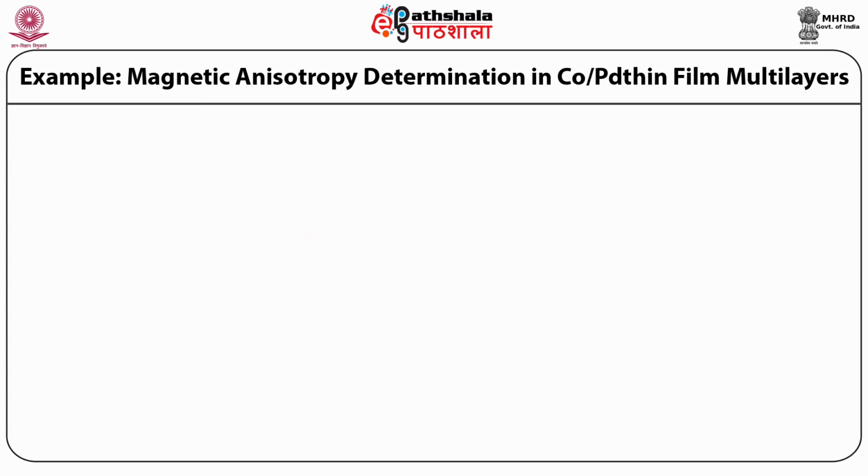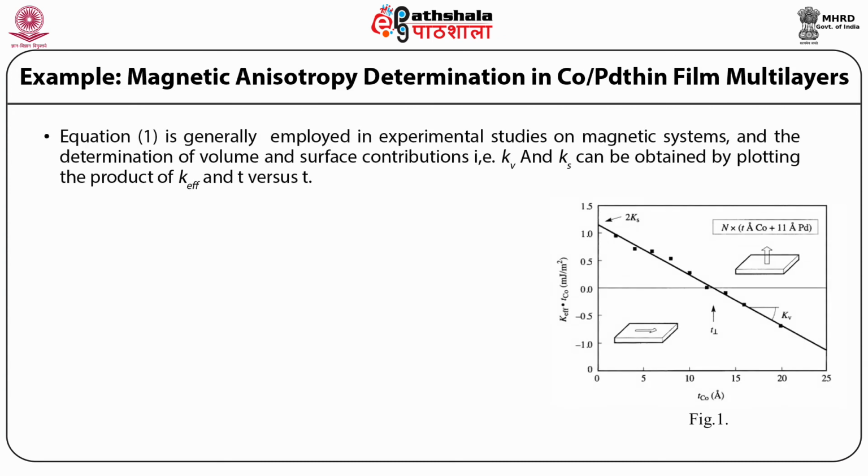Let us take up an example where we will study the magnetic anisotropy determination in cobalt palladium thin film multilayers. Equation 1, as discussed before, is generally employed in experimental studies on magnetic systems, and the determination of volume and surface contributions, that is, Kv and Ks, can be obtained by plotting the product of K effective and t versus t.